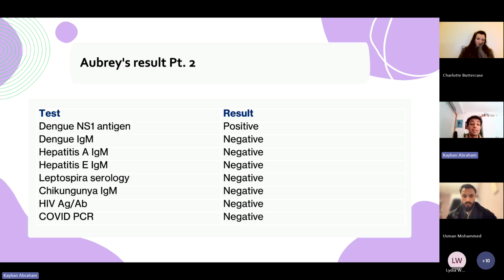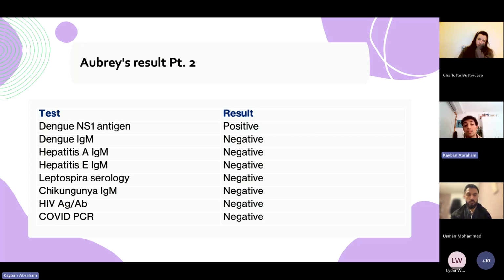And there we go. We can see that one of our antigen tests has turned up positive. Now, the dengue NS1 antigen is the most common antigen on the dengue virus. But what you'll see is that it's most specific in early infection. So once patients get fever, it's probably going to be positive for about a week, and then it will turn negative.